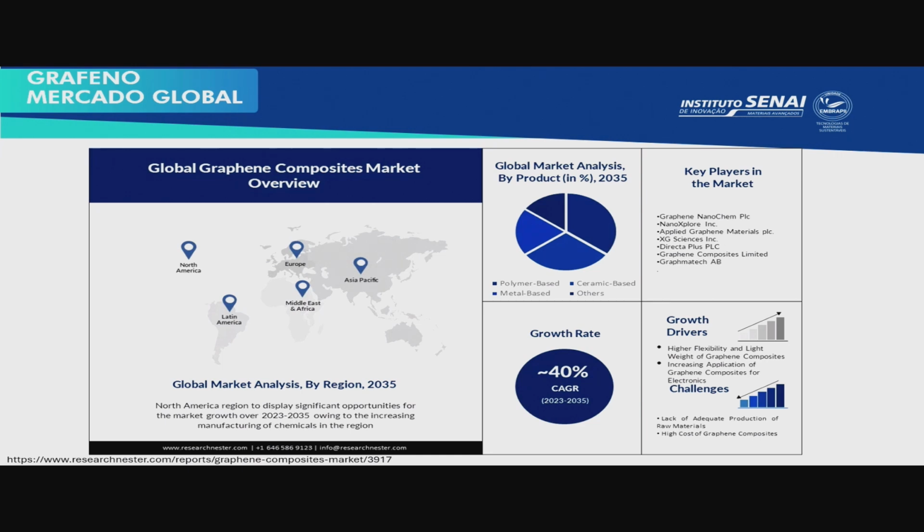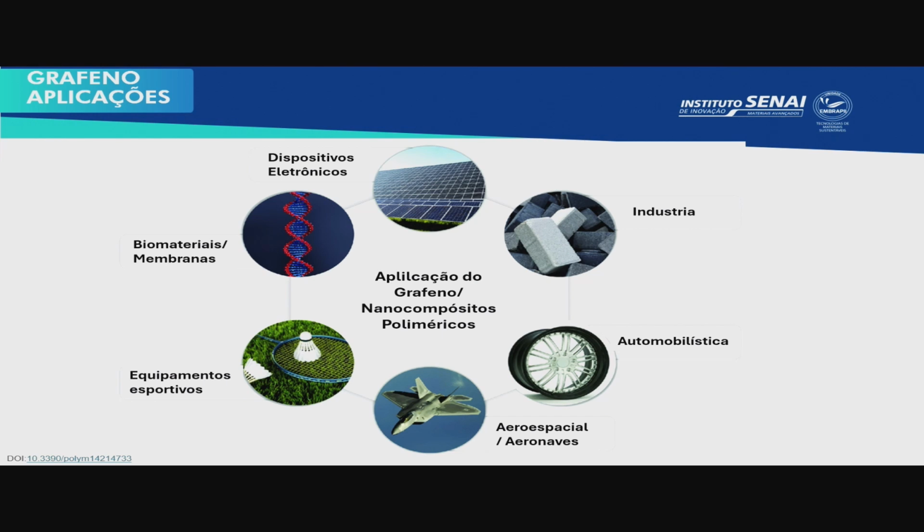Here you see the graphene global market, and the highlight is composites. And we also see the challenges here. As for composites, there are devices that spark a lot of interest.